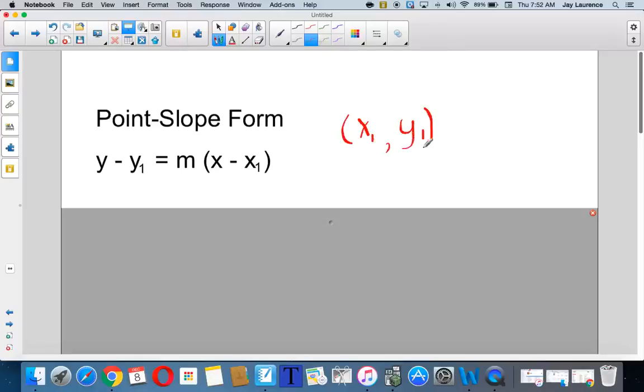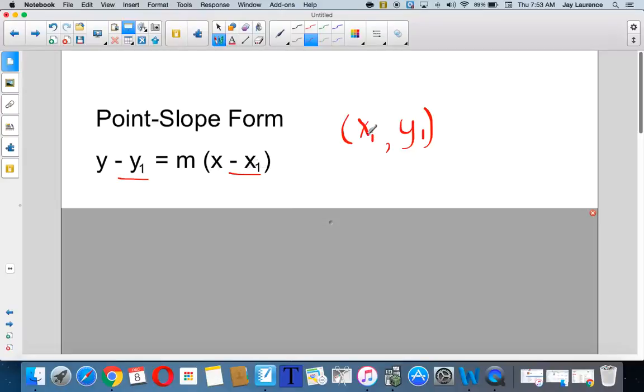Hey, what do you notice about the x sub 1 and the y sub 1 over here in the point, in the ordered pair, compared to here? Go ahead and pause the video again. Talk to your neighbor. Okay, you should be watching again. I'm assuming that you came up with, hey, the sign's changed. Yeah, because we're subtracting the x sub 1.